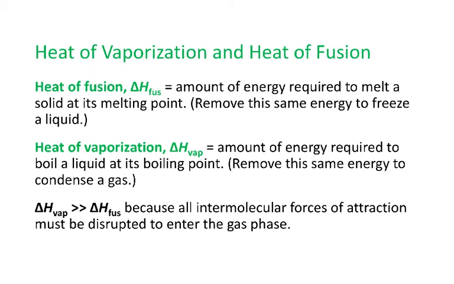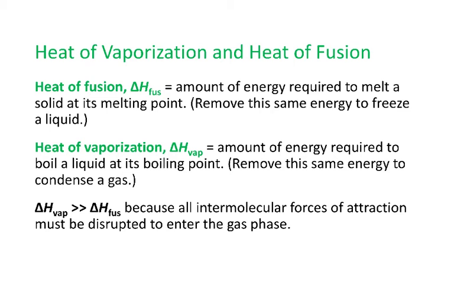So a few important points on there are the heat of vaporization and the heat of fusion. So just to make this explicit, let's define these and also give them the symbol delta H, which is the change in energy, the heat required. So the heat of fusion is the amount of energy required to melt a solid at its melting point, at the temperature at which it melts.